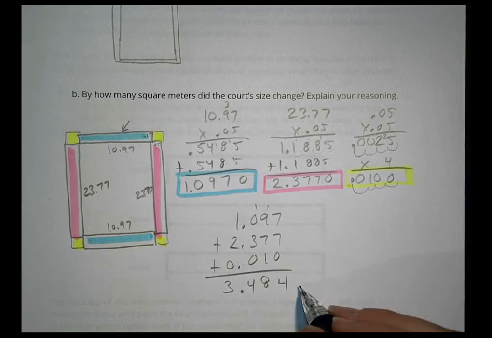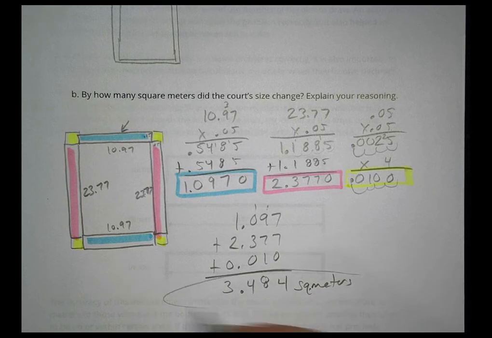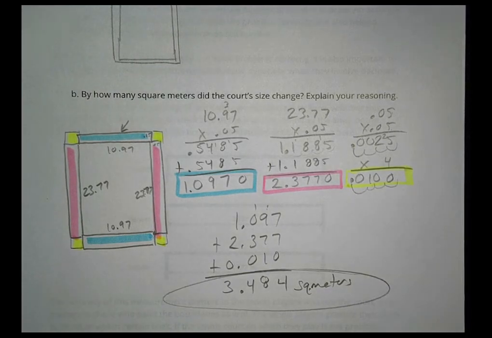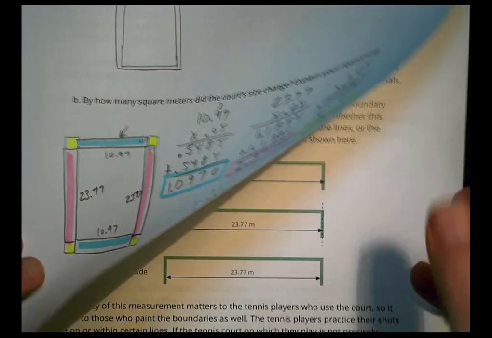So we have that many extra square meters because of the extra paint on the outside of the court. So that's how much you increase the whole court by. A lot of work, I know. So again, your teacher may have skipped that one. Maybe I should have too. But good problem. If you wanted to try it, that's what I got for my answer. Good luck on yours as well.